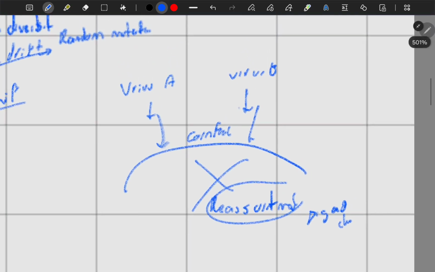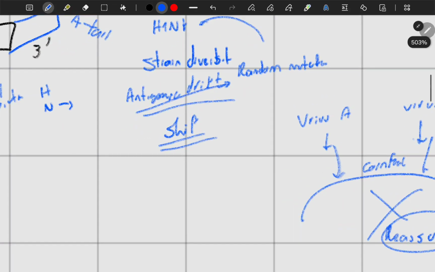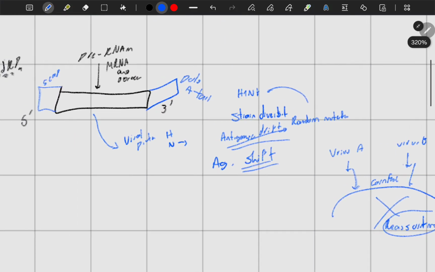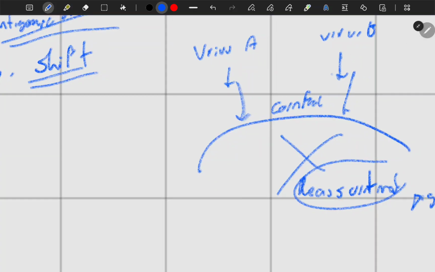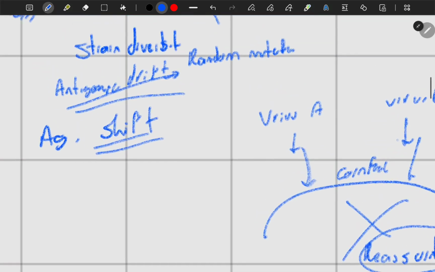So it's important to talk about antigenic drift and antigenic shift because they give rise to these mutations, and that's the reason we have to receive vaccination every year, for the seasonal stages. It's important because mutations occur thanks to different types of virus or random mutations in the same virus.